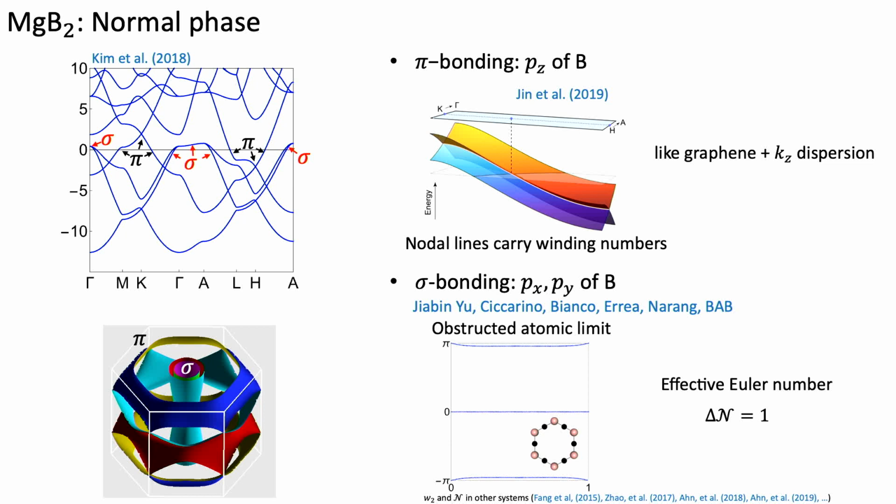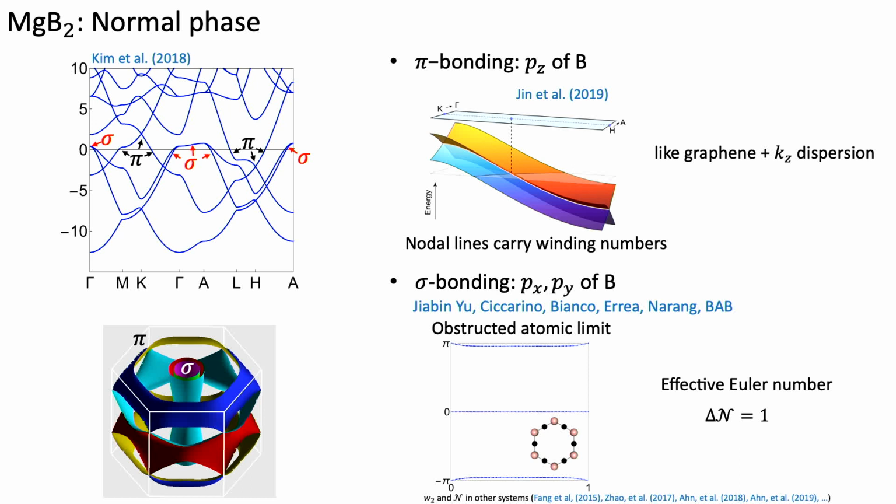Now, the electronic bands have two parts. One of them is a pi bonding part, which comes from the pz orbitals of boron. The system is hexagonal, right? The boron is hexagonal. So that's like a graphene layer, but since you're in 3D, you're making a nodal line everywhere around. So that has topology, and this topology was known. It was done by Jin et al. in 2019.